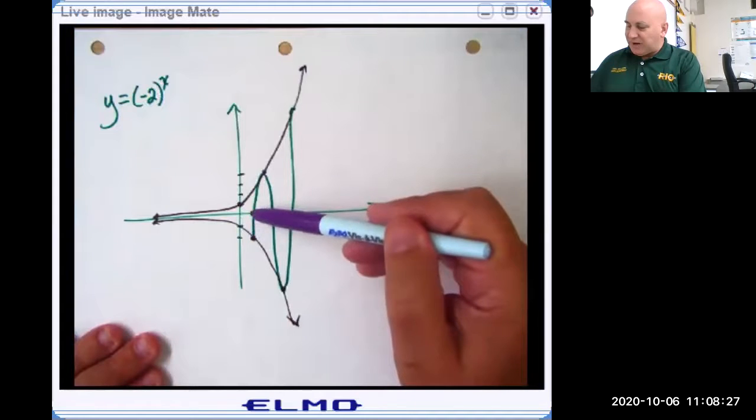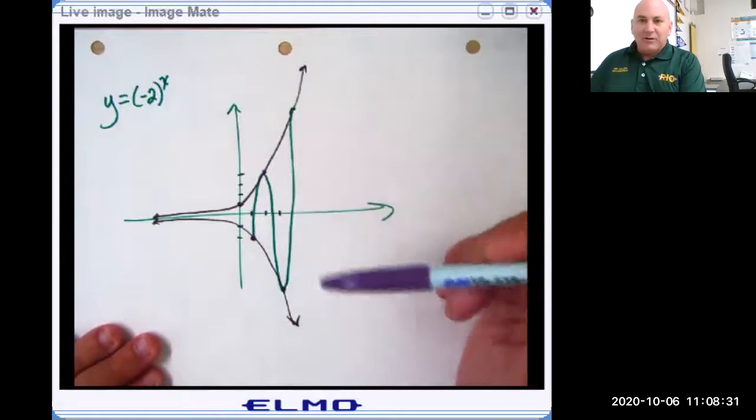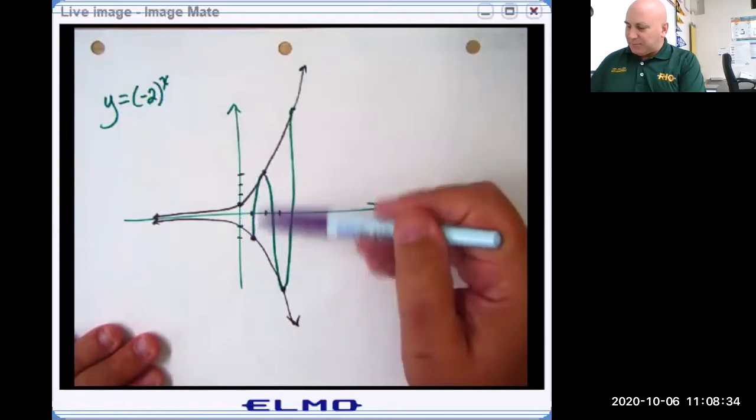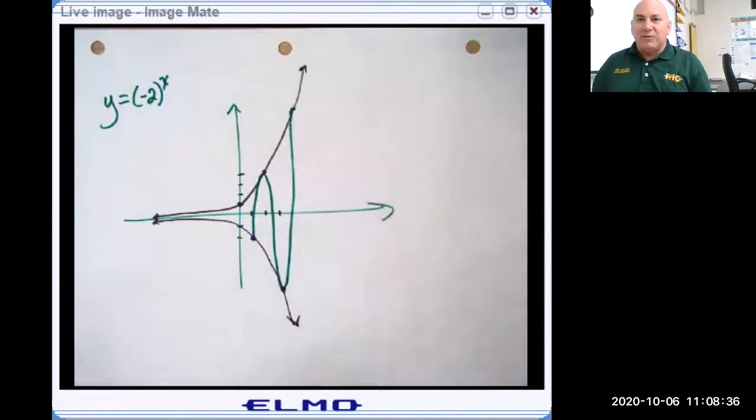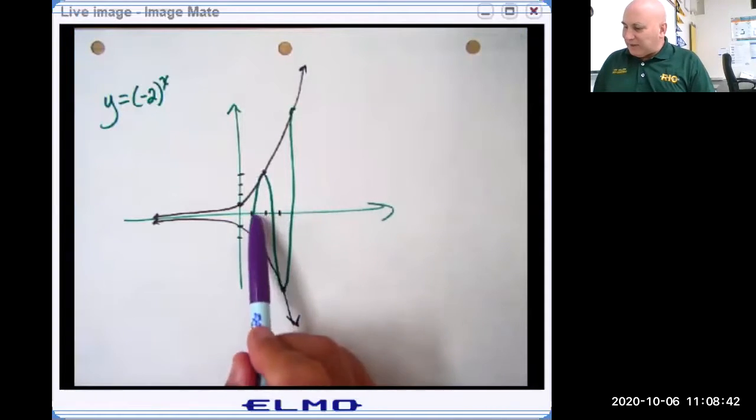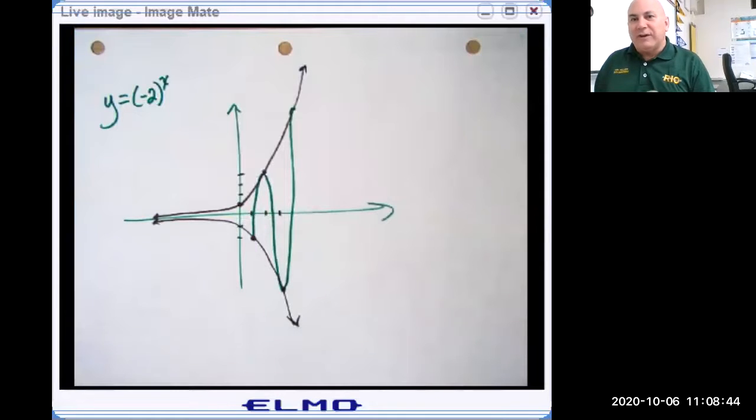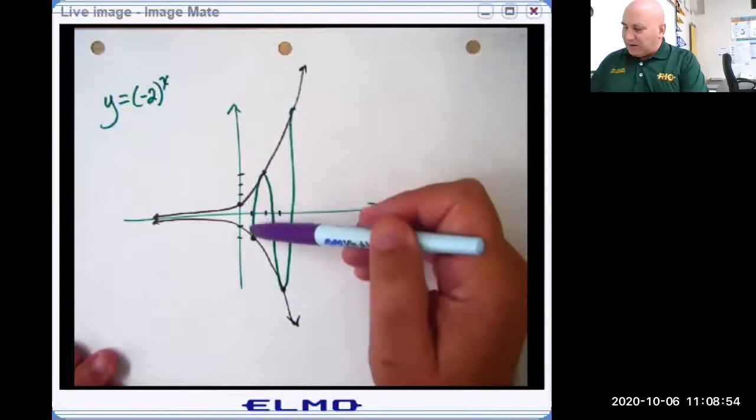Now imagine for every little number in between, your graph's going to go up, down, up, down, up, down. And what you may not know, and don't write this down, this is just for your edification, we can prove that between every 2 rational numbers, there's an irrational number, and between every 2 irrational numbers is a rational number.